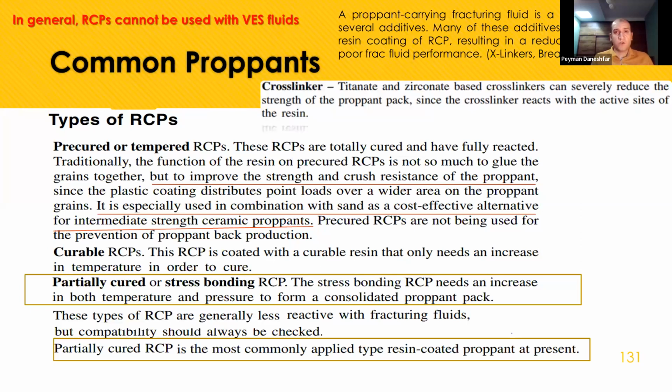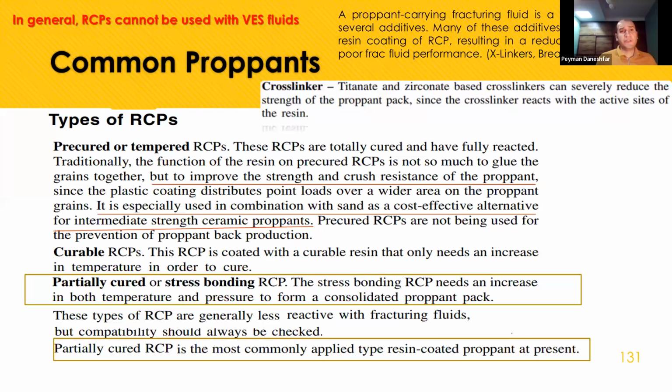A proppant carrying fracturing fluid is a complex mixture of several additives. Many of these additives can react with the resin coating of RCP, resulting in reduced strength and poor frac fluid performance, such as crosslinkers, breakers or oxidizers, other polymers, and bactericides.